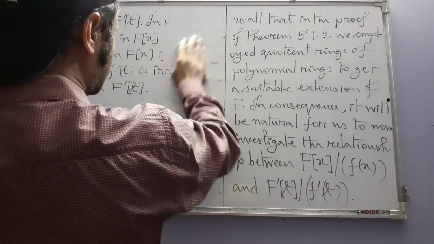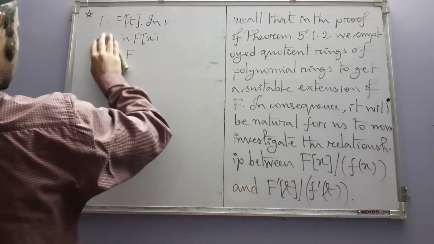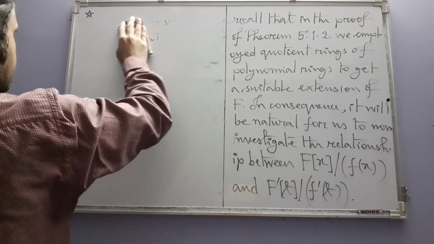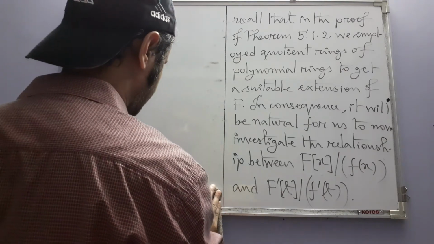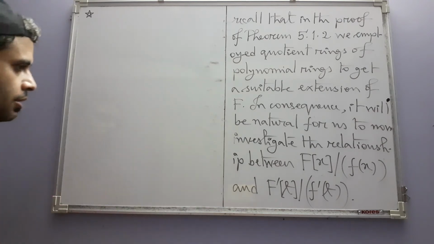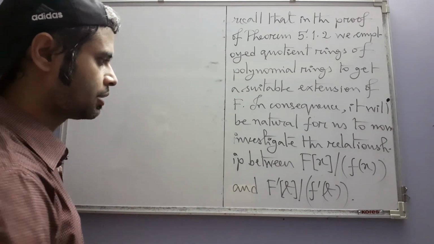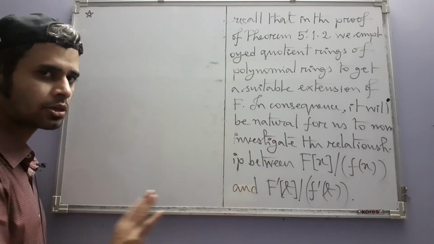The nature of the proof of theorem 5.1.2 forces us to take this path. Had we directly got the extension E without mentioning polynomial rings, we would not have proceeded in this way.